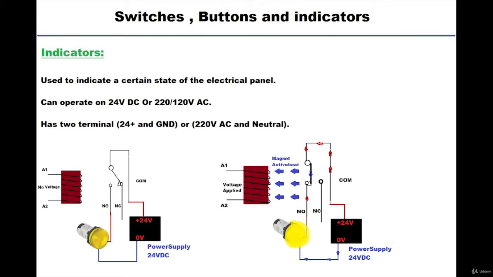And on our panel, we have mounted an indicator to check if the motor is running or not. So the PLC will power up this indicator and we will know that the motor is running. So on the right-hand side, let's say the PLC gave the signal to the relay, it will latch and the indicator turns on.